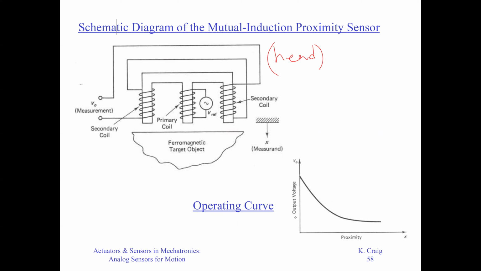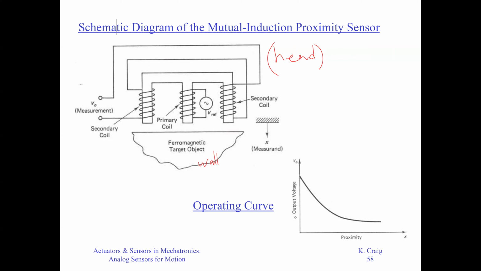Then when you close this ferromagnetic target object, say for example a metallic wall, when you go from here to here, the reluctance is getting smaller.